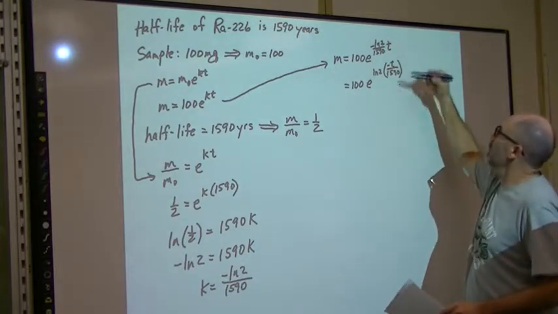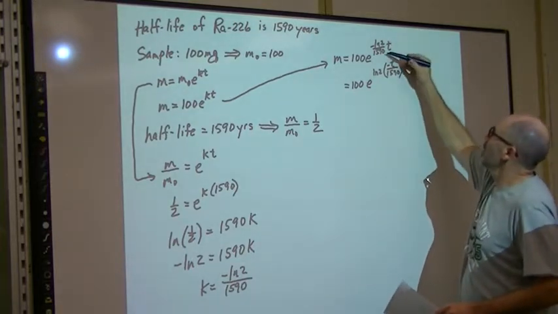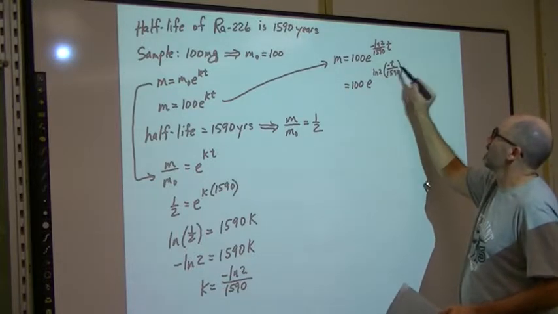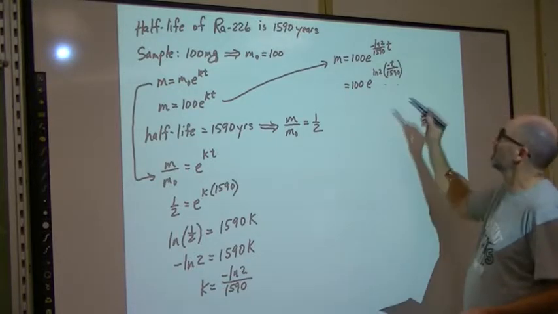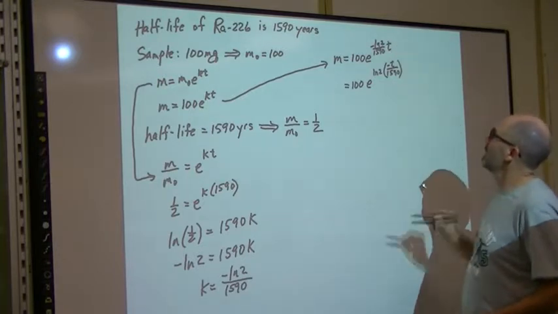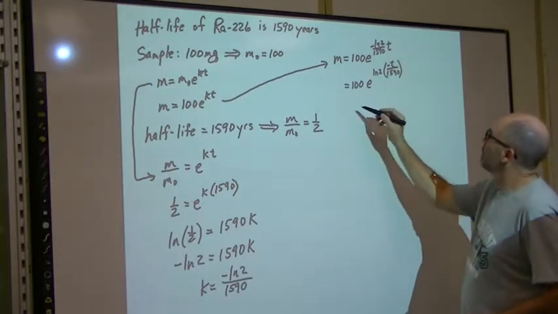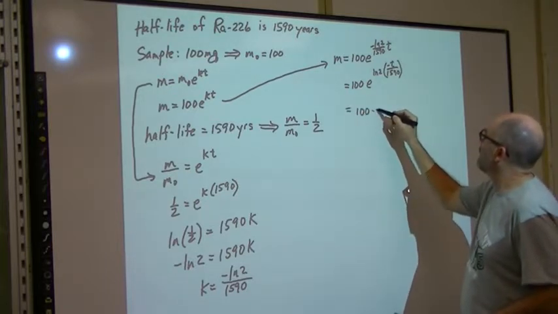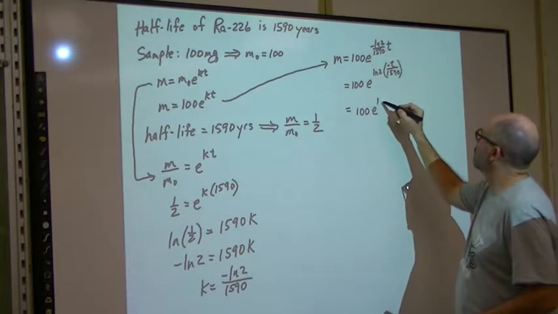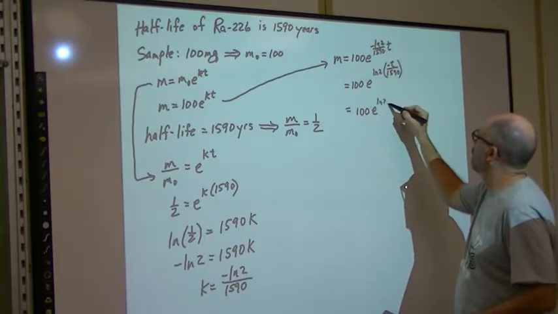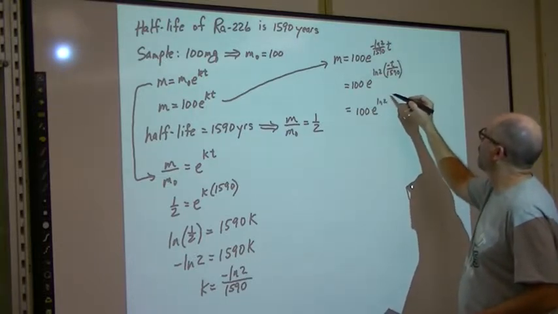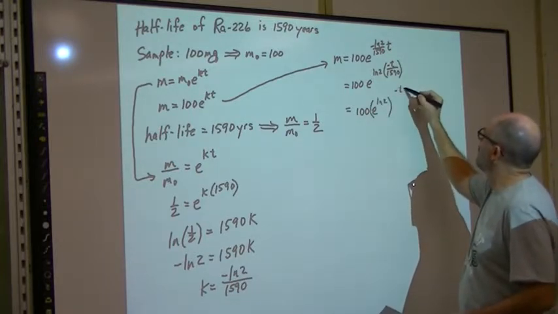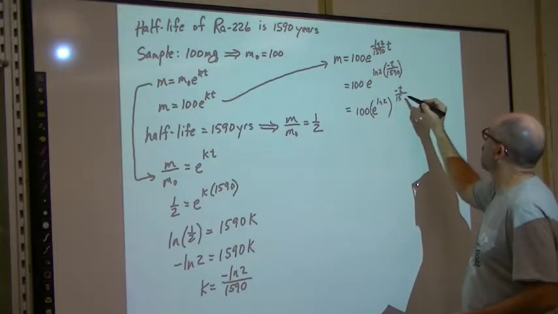Notice what I did from here to here is just take t over 1590 and the negative and put it in one group and then multiply by natural log 2. So I haven't done anything except pull out that natural log 2. Now, next thing I'm going to say is this is 100 times e to the natural log 2, all to the power of negative t over 1590.